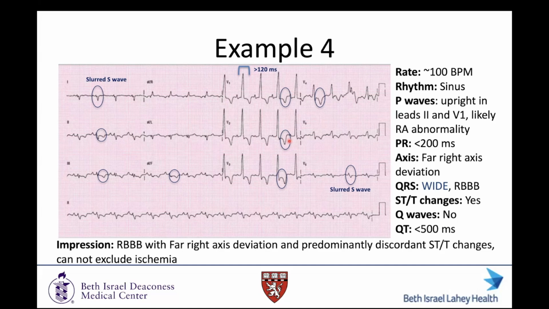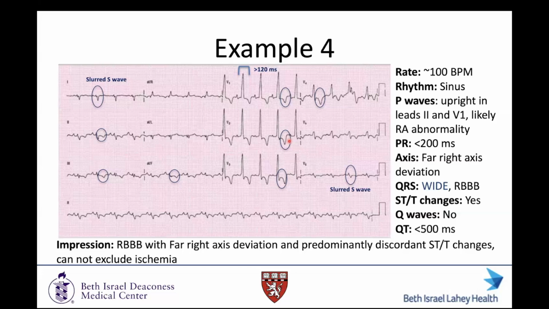So all the far right axis deviation with the right bundle, with the probable right atrial abnormality, probably this is a little trickier, but similar to example 3 of a patient with significant RV pathology as well, but it's just more of a frank right bundle in the setting of all these findings.